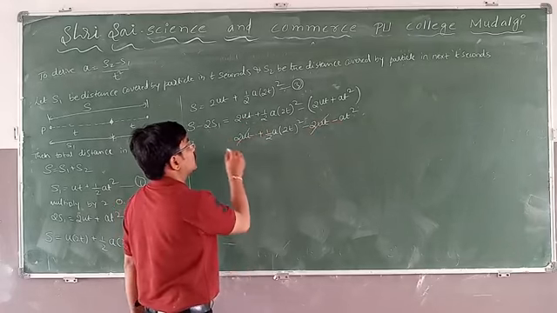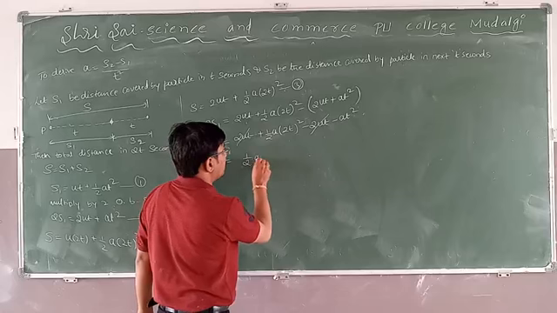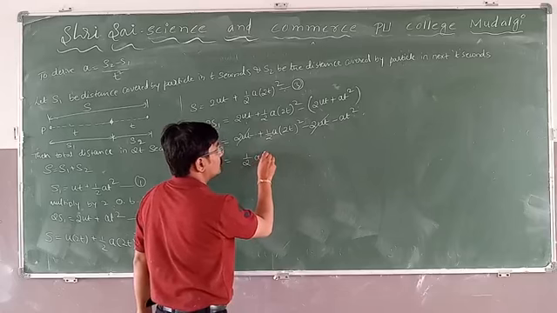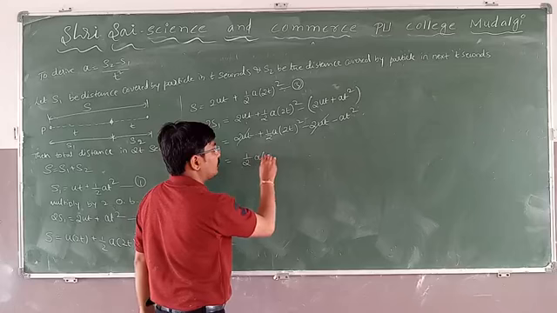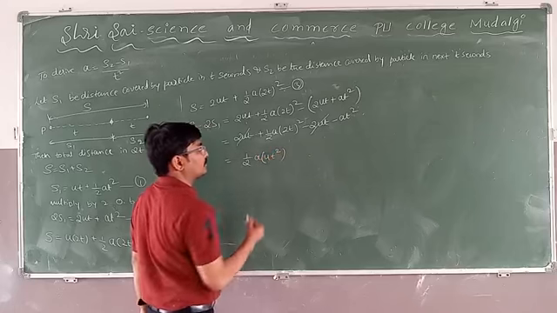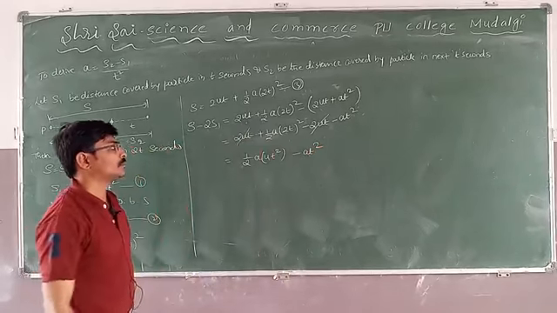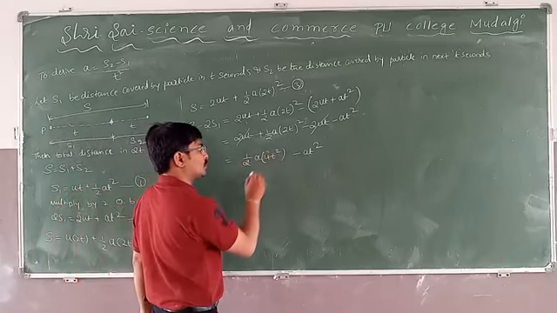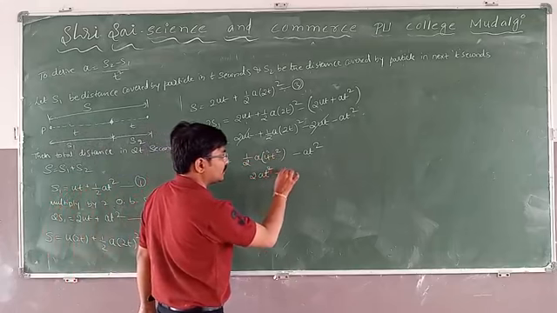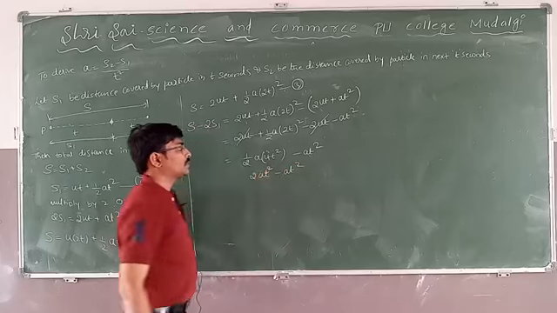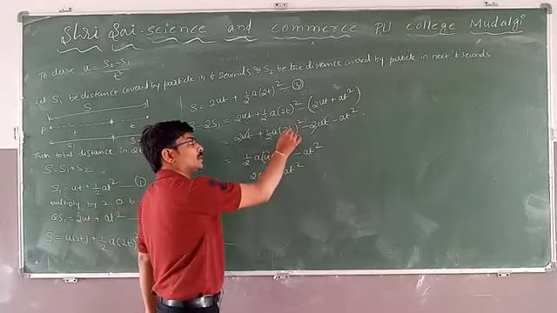The 2ut cancels. Next, look: 1 by 2a into 2 square, which is 4, so 4t square, minus a t square. Since 2 square is 4, 4t square remains as it is.